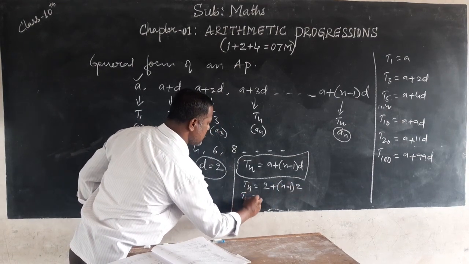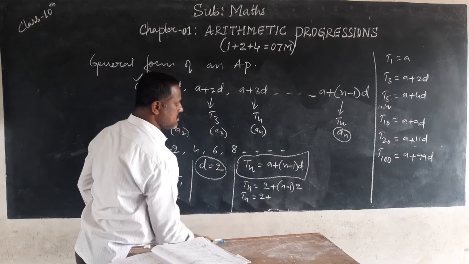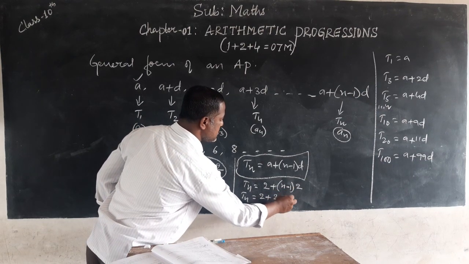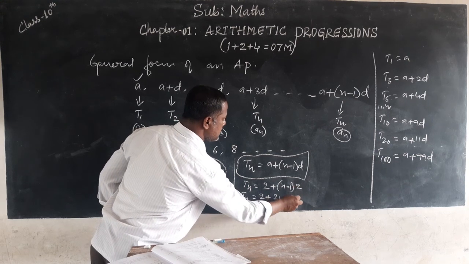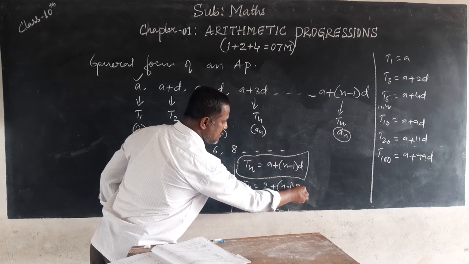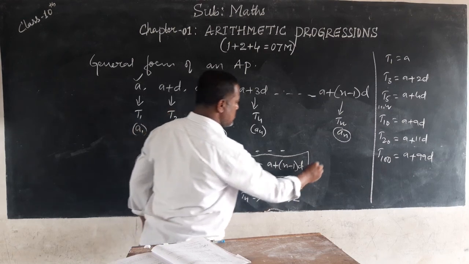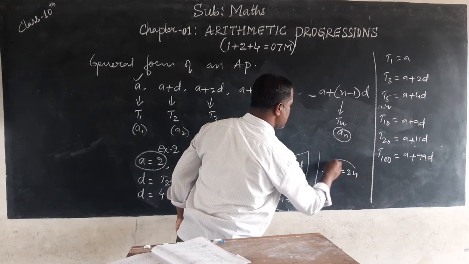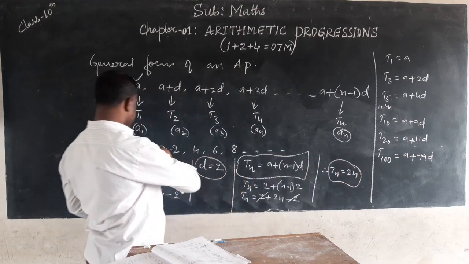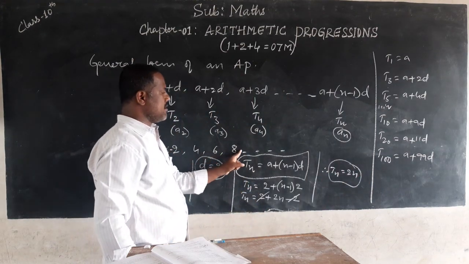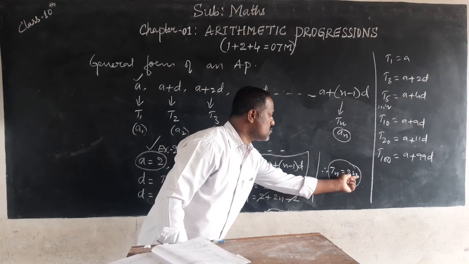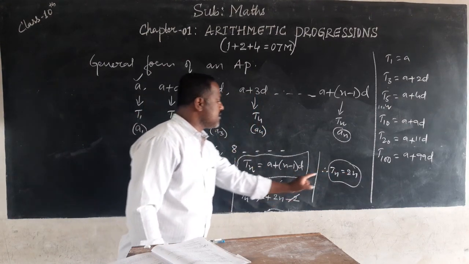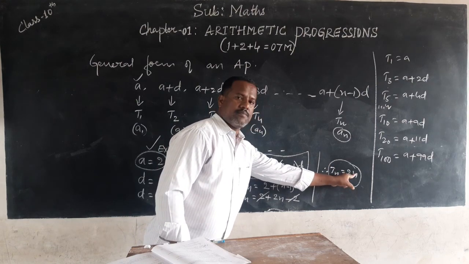That is Tn is equal to 2 plus 2 into n, 2n, plus into minus, 2 ones are 2. We can cancel plus 2, minus 2. Therefore, the value of Tn is 2n. So, in this example, the nth term is 2n.